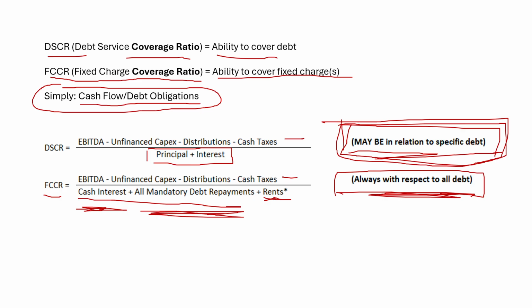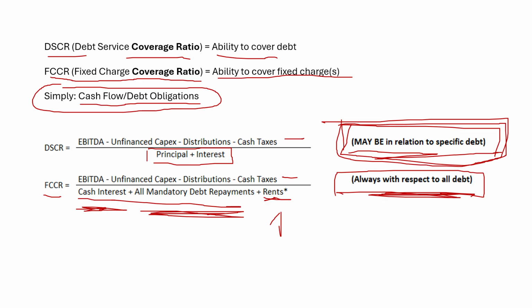Sometimes there's something called shareholder loans, where the owner of the company lends their money to the company itself. It's kind of a weird structure where the company has to pay its own owner back because the owner is the shareholder, right? So in those cases, the owner's obviously not charging his own company interest, but the company might still have to repay the owner every year, every 2 years, whatever the case is. And that is considered a mandatory debt repayment, assuming it's mandatory, right?